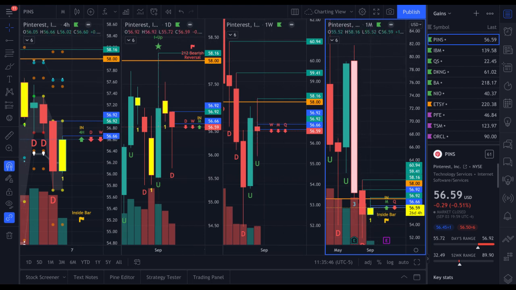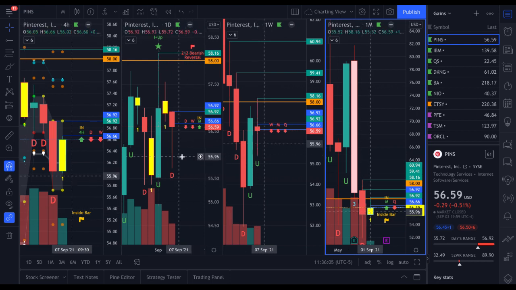But again, doing a mix of swing trading and day trading, my intent for PINS is to definitely keep an eye on it as it moves, and potentially moves to do that month in force. However, in this case, I really am just looking at this for a day trade or a weekly swing.